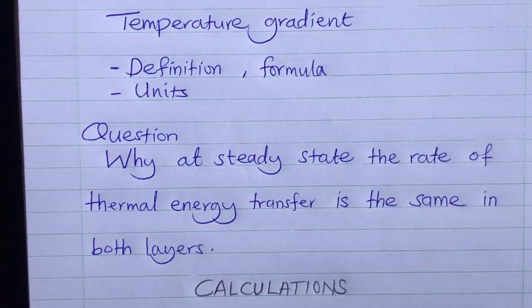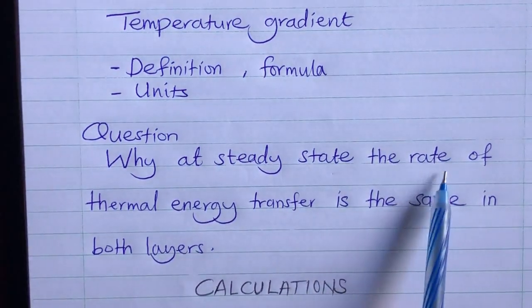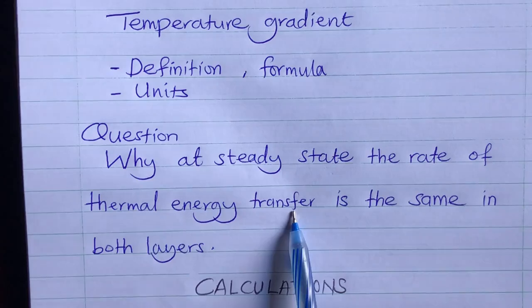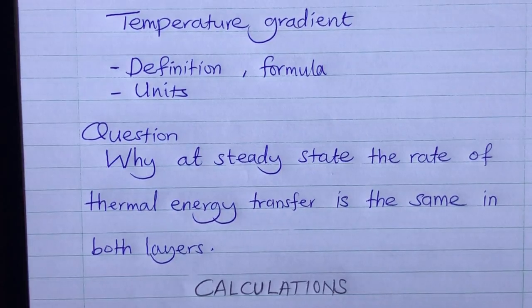However, we have a question that bothers us a lot. That is, why at steady state is the rate of thermal energy transfer the same in both layers, maybe talking about a composite conductor? It's because no heat is lost to the surrounding as it flows from the inner surface to the outer surface.